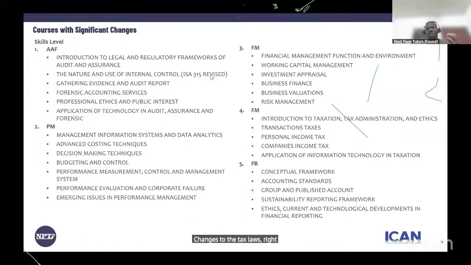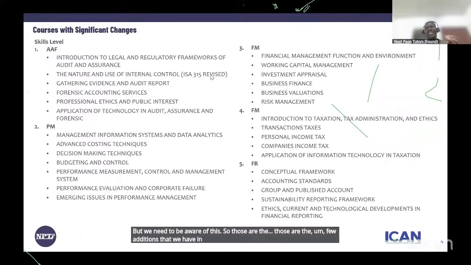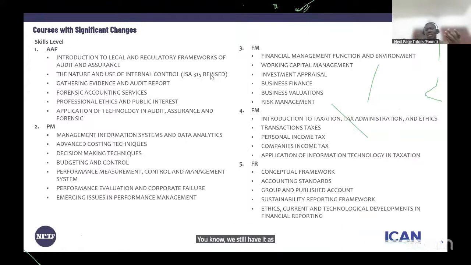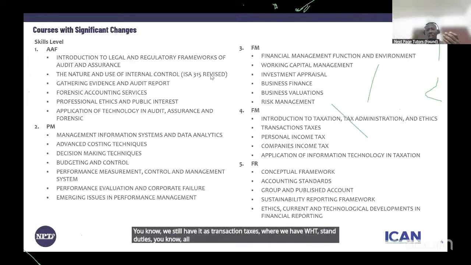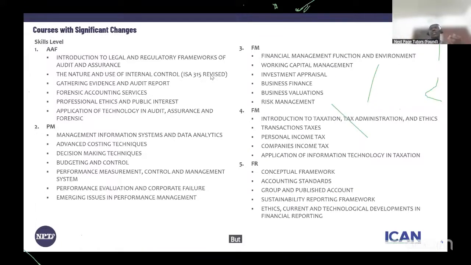We just need to be aware of this. So those are the few additions that we have in tax. Not that the name changed, we still have it as transaction taxes, where we have WHT, stamp duties, all these things are still there. But we then have a few others that were just recently signed.